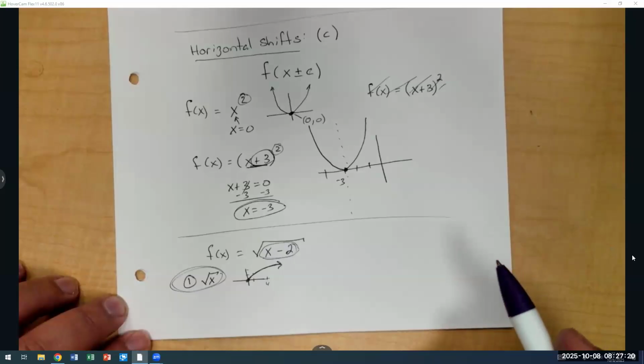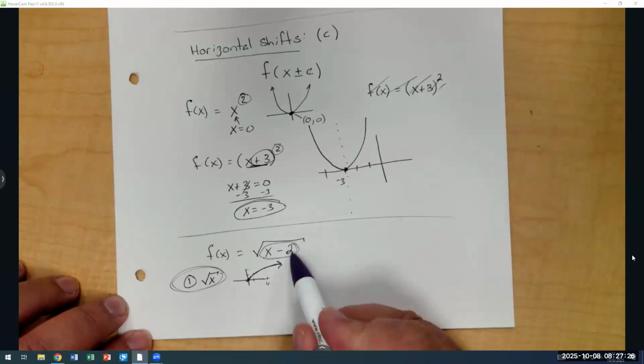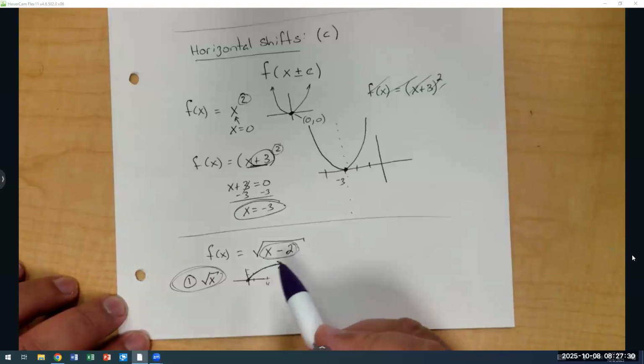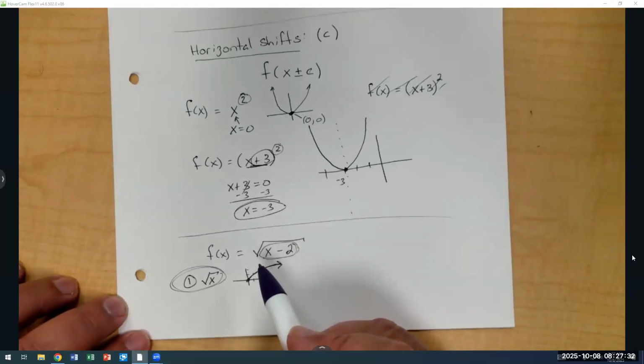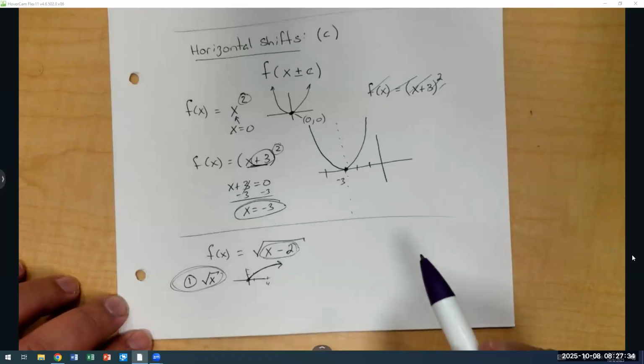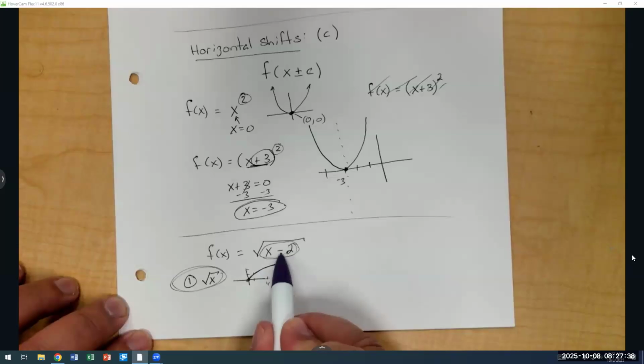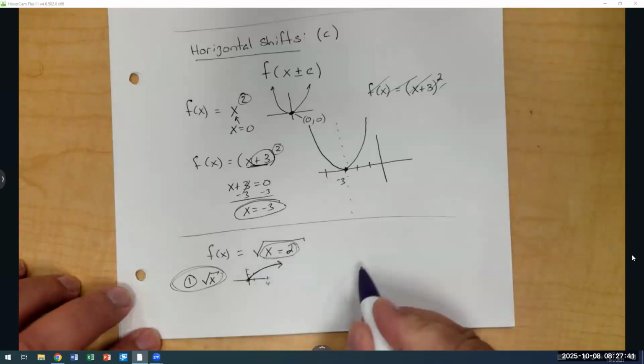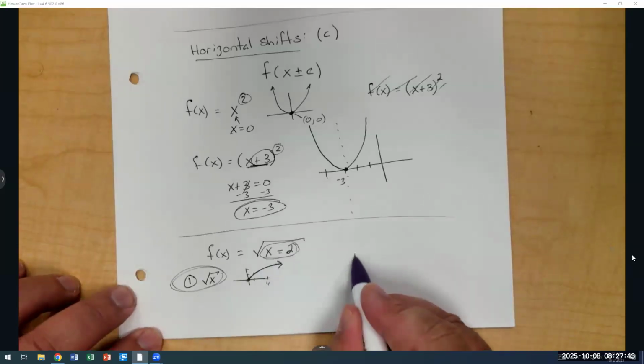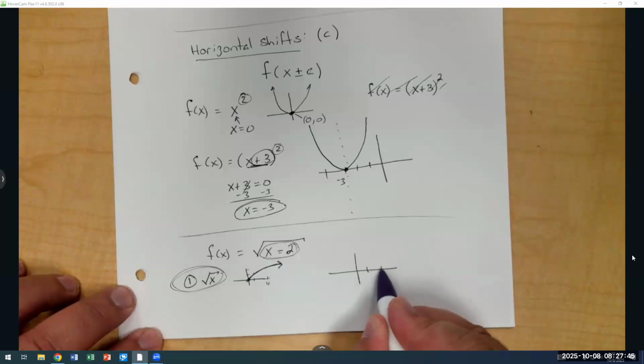What's the only number we have there? 2. So we know it has to move 2 spaces. Which direction? To the right. It's opposite, yeah. So what's inside in here is -2. So my graph has to move 2 spaces to the right.